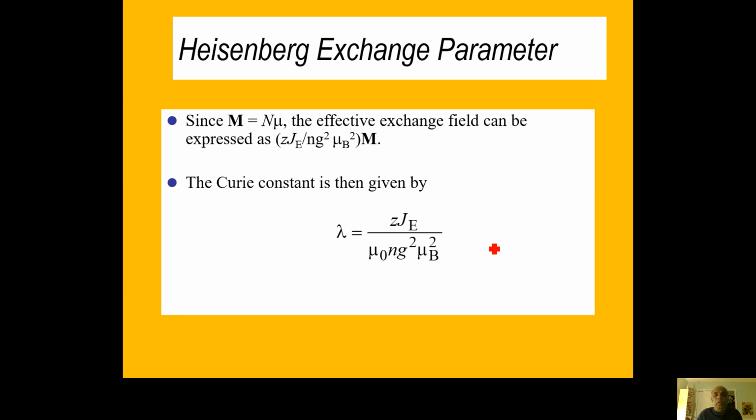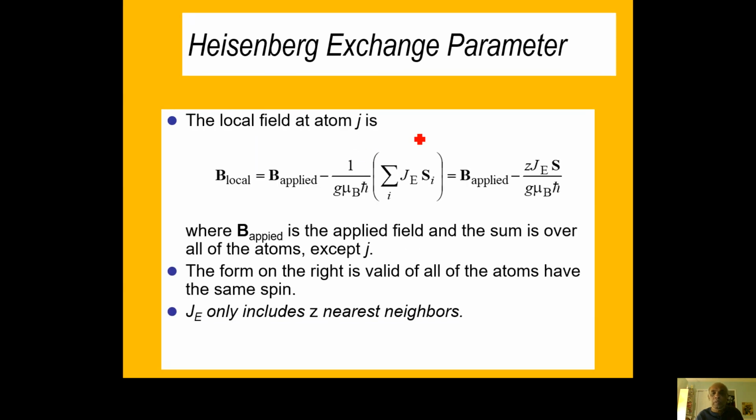Now if you want to calculate the magnetization, you have to multiply by the number of atoms per unit volume. So then we can substitute this term.